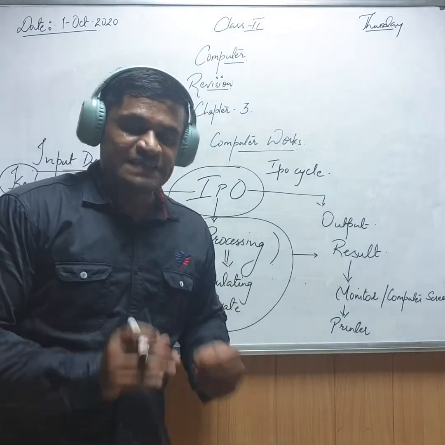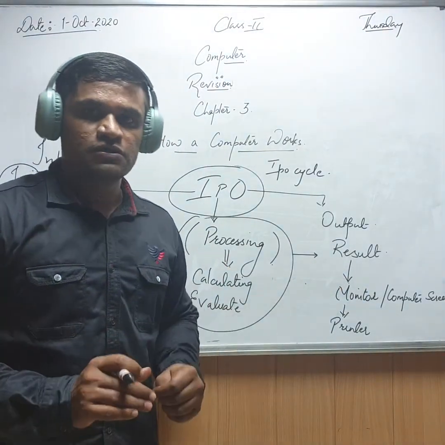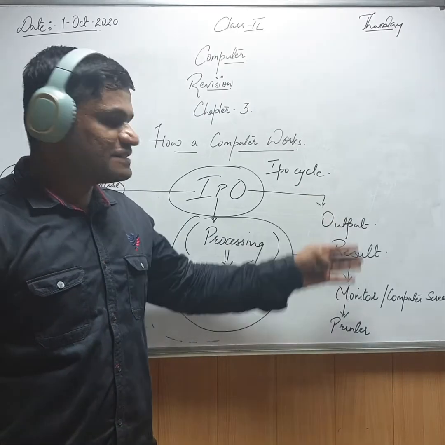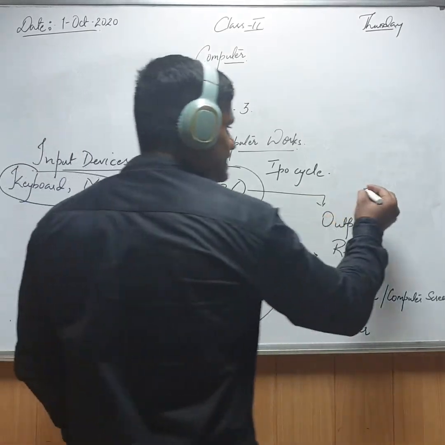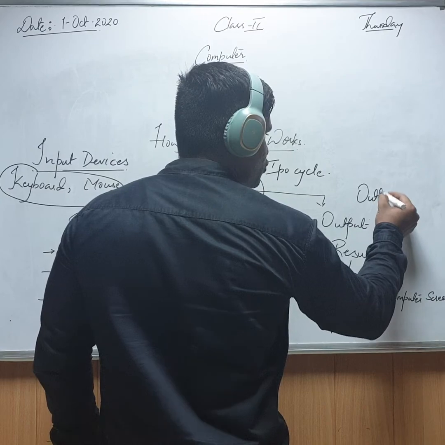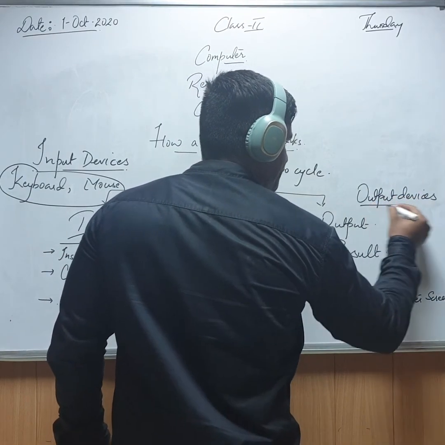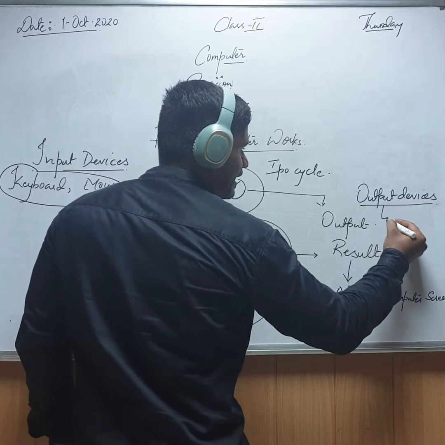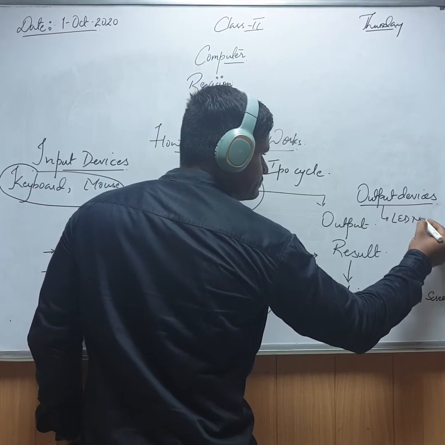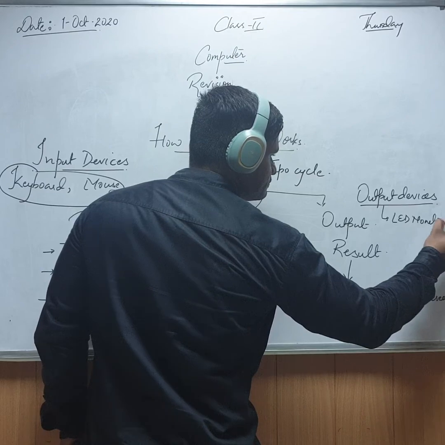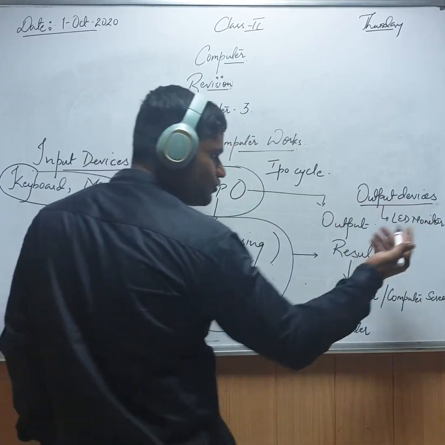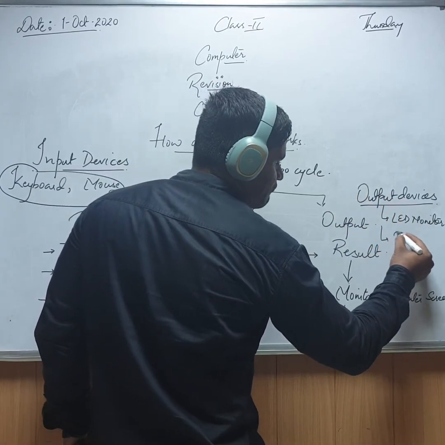Those devices which are used by the computer for displaying the result are known as output devices. For example, we have the LED monitor or CRT monitor, any of the screens. We can have a printer.